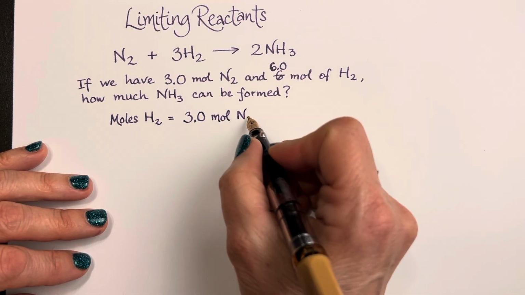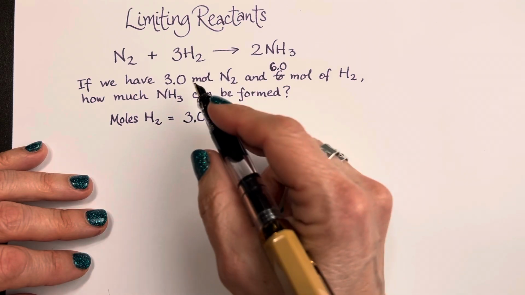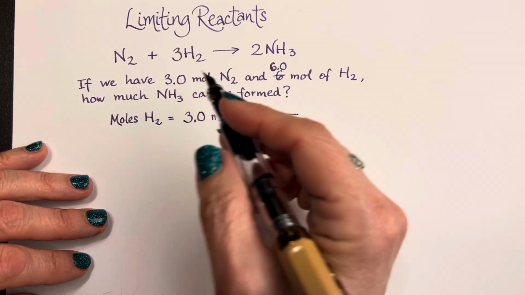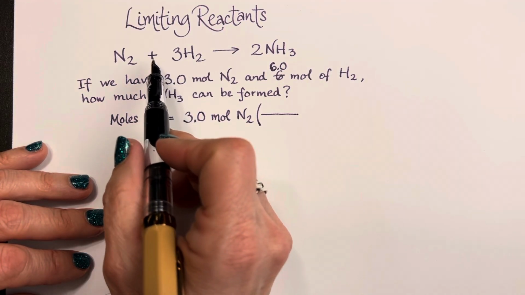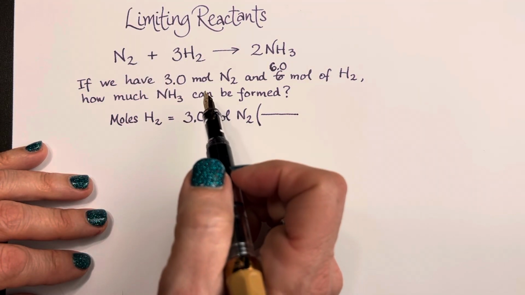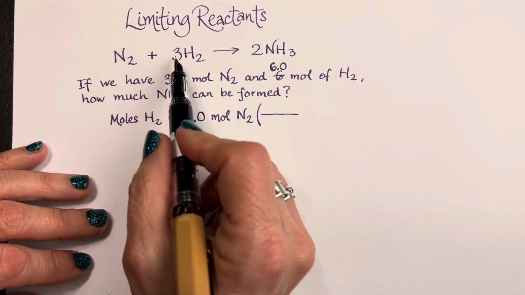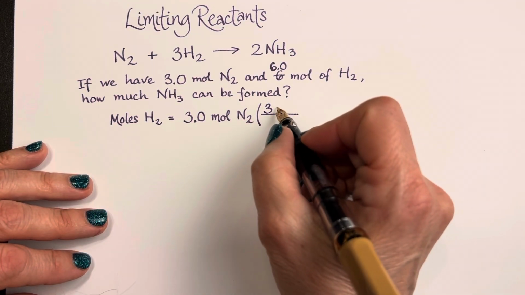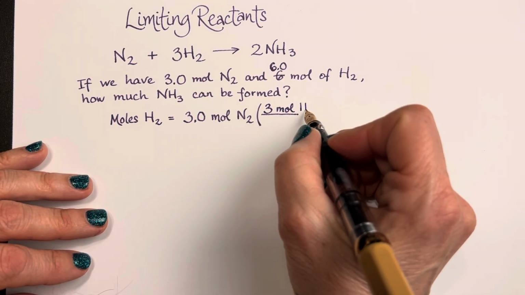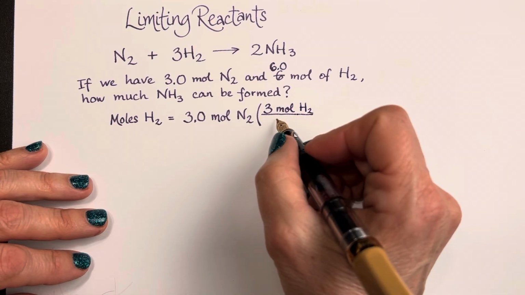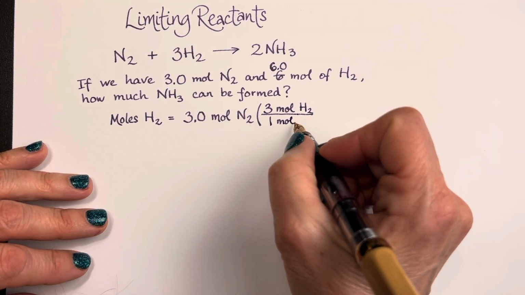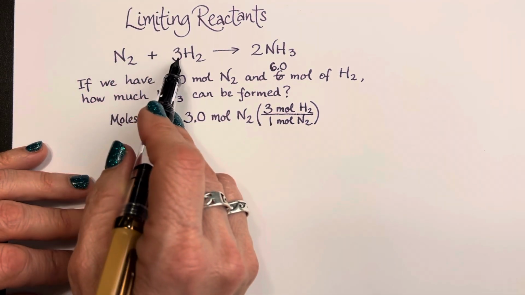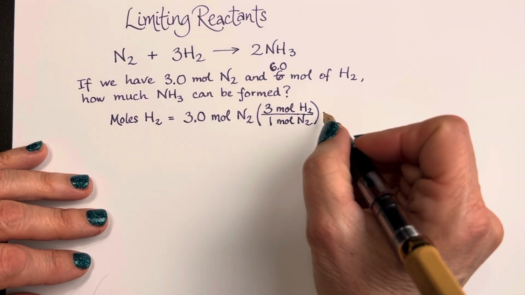So if we have this many moles of nitrogen, that's what was given, let's see what we would need. So let's convert moles of nitrogen to moles of hydrogen by using the stoichiometric ratio. There are 3 moles of hydrogen for every 1 mole of nitrogen. This ratio here is from the balanced chemical equation.